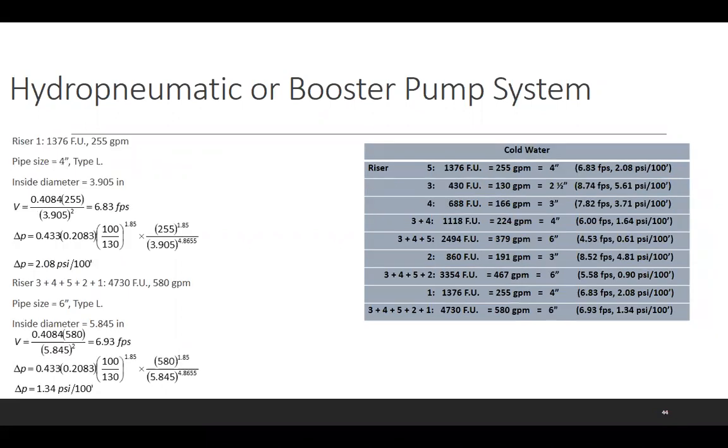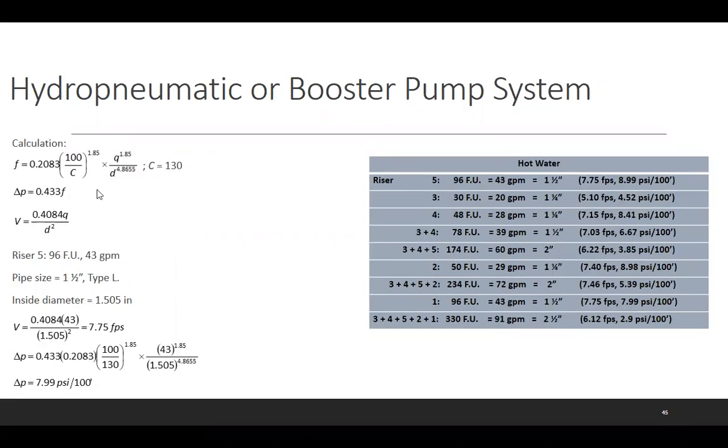Now for hot water, same formula is used. Riser 5, 96 FU, 43 GPM, pipe size na pumasok is 1.5 type L, and sa diameter 1.505. So yung velocity mo is 7.75 and delta P is 7.99 PSI per 100 feet.